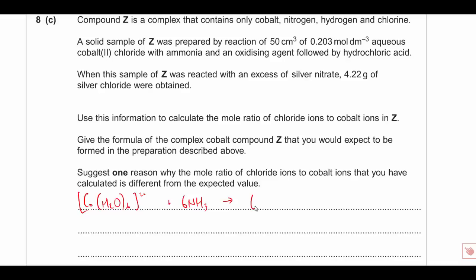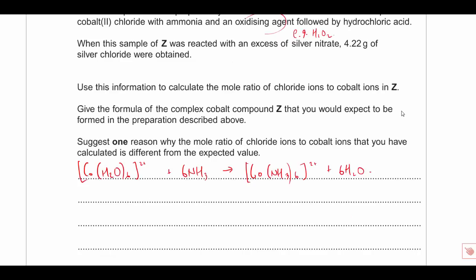I'm going to get Co(NH3)6 2+, 6 H2O. Then my oxidizing agent, so hydrogen peroxide, is going to essentially turn this into this.